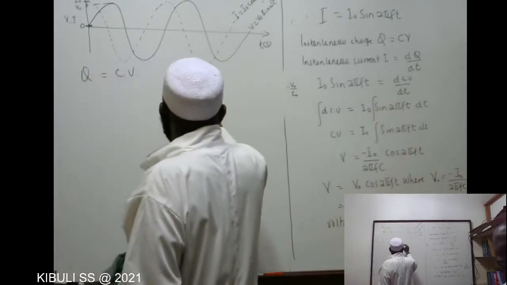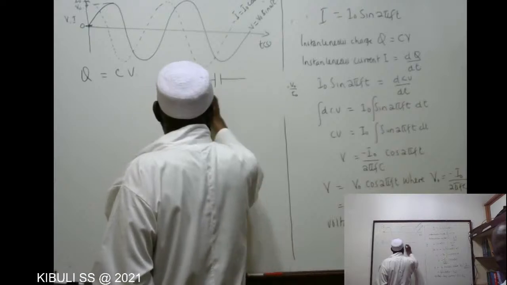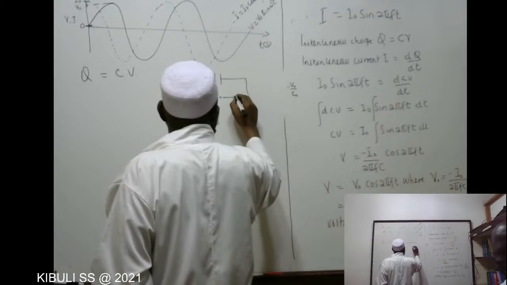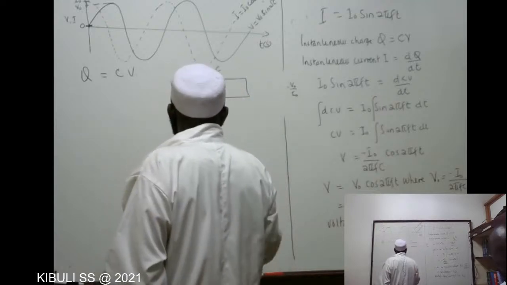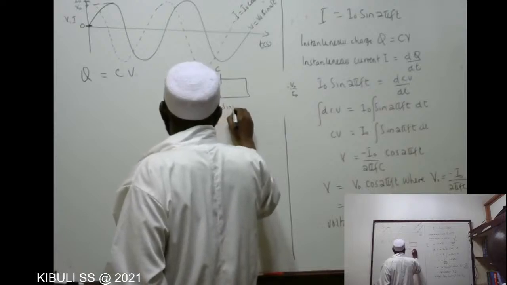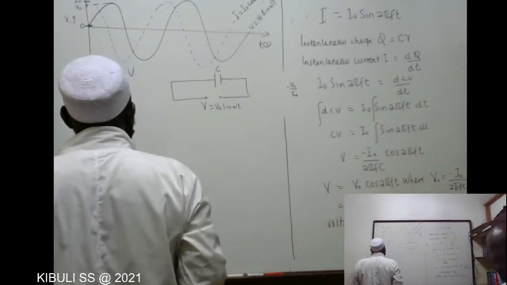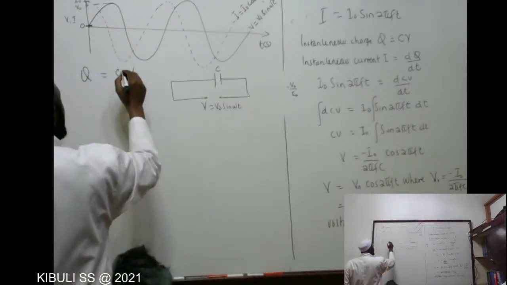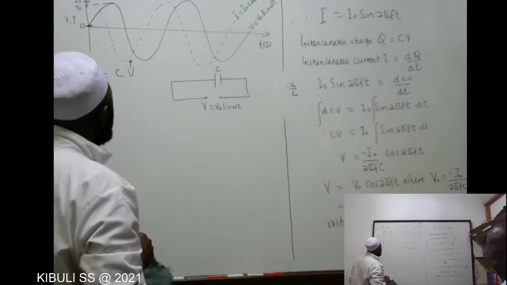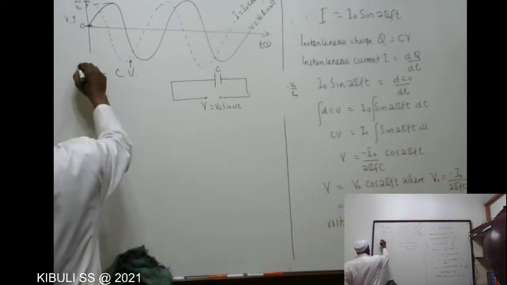So in our capacitor circuit of this form, that is capacitance C, voltage V, and ωt. When the voltage is increasing, the capacitor charges.